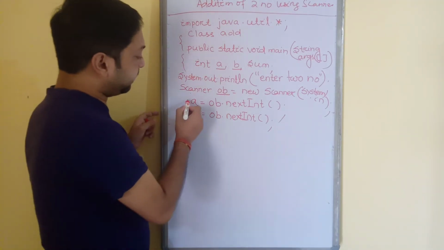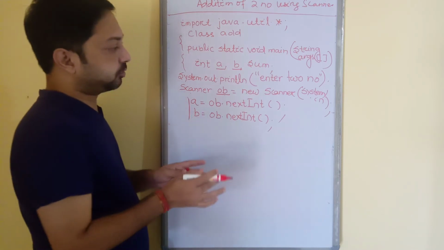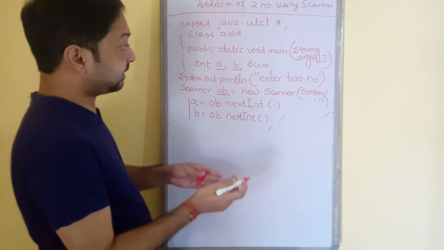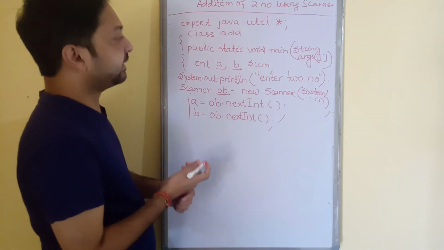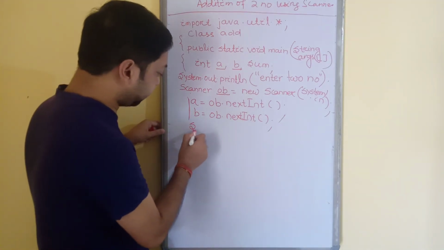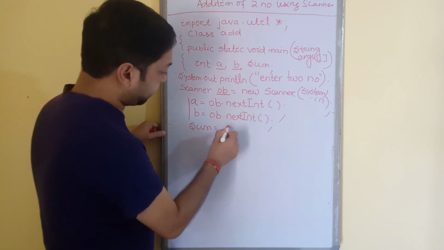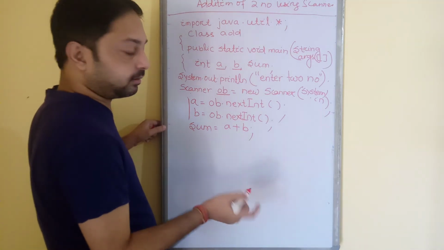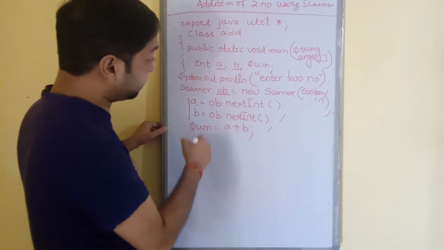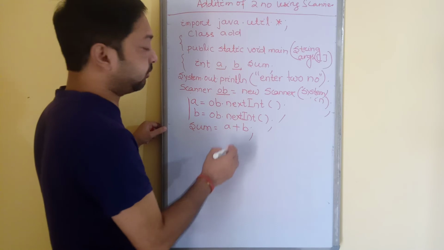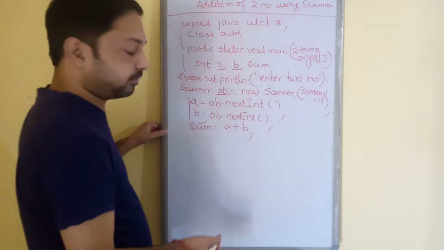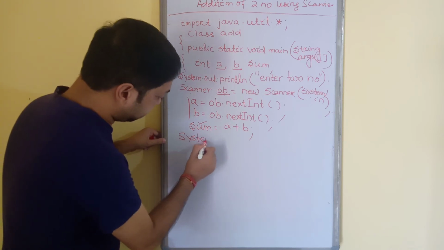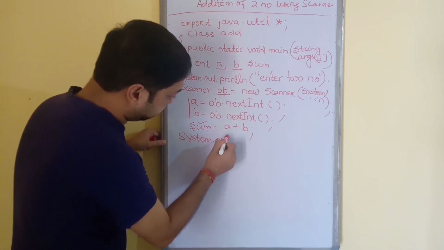Now we have completed the inputting of two variables through the keyboard. The next task is to make the addition, which is very simple: sum equals a plus b. Once the operation is completed, you need to display the variable where the result is stored, which is sum. Now display it with System.out.println.